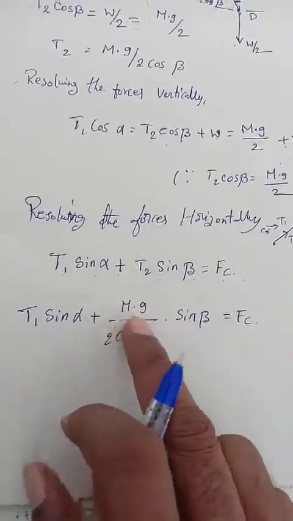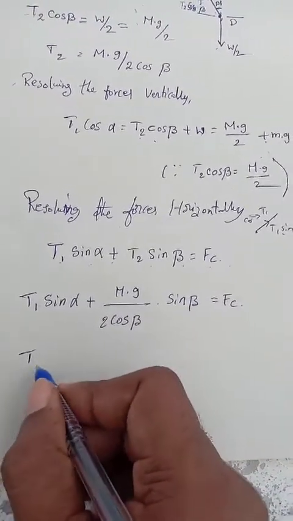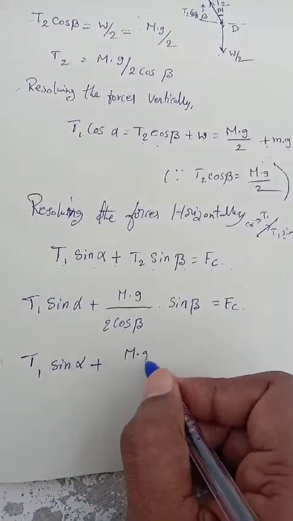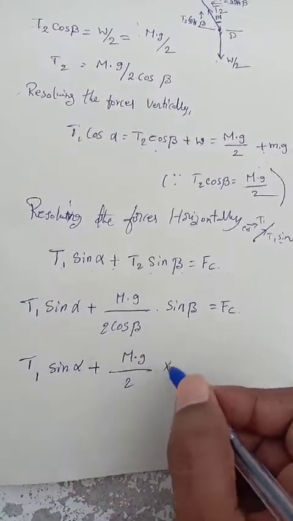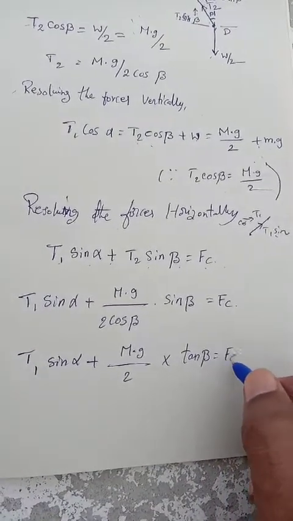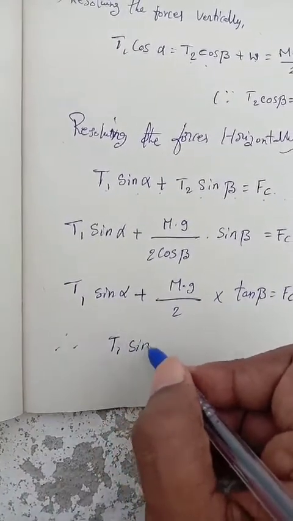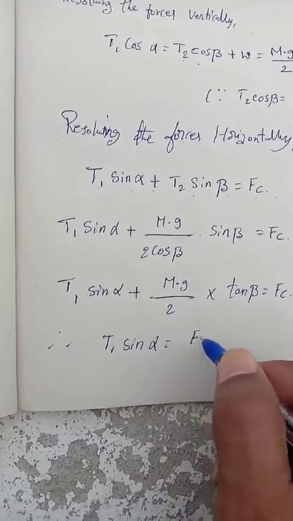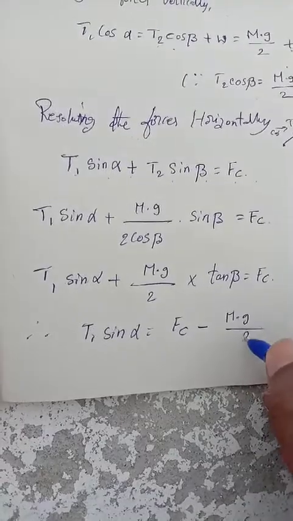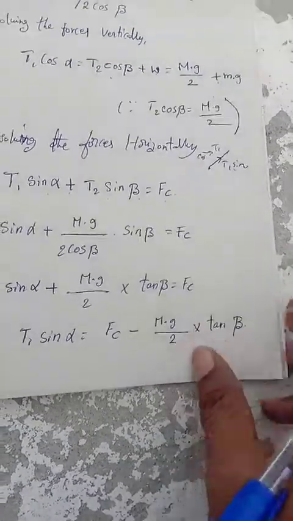I substitute this T2 value here. Then we get T1 sin alpha plus capital M into G divided by 2 into tan beta, that is equal to Fc. Therefore T1 sin alpha is equal to Fc minus capital M into G by 2 into tan beta.